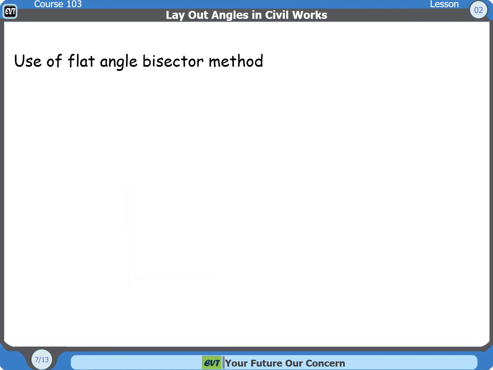Now we will learn how to use the flat angle bisector method. Start by laying out a horizontal line, the baseline, with a mark of the starting point, the base point. To construct the bisector of this angle, you will draw an arc with center at the base point. We mark 2 points on the baseline.